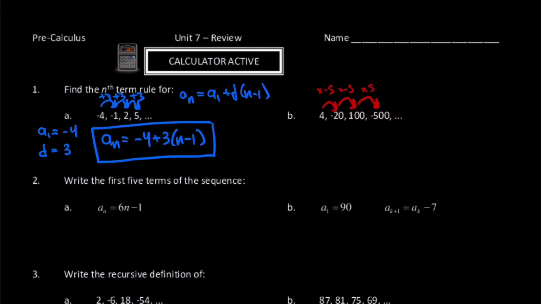All right, and the a sub n rule for a geometric series is a sub n equals a sub 1 times r to the n minus 1 power. So let's identify a sub 1 here. That's 4. What is your r? That's negative 5. Your a sub n rule then, or sometimes called explicit rule, is 4 times negative 5 to the n minus 1.